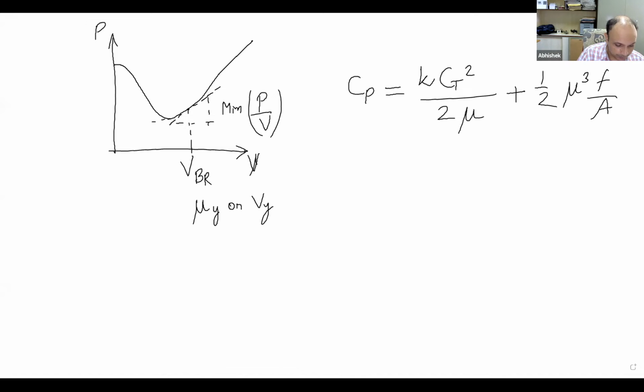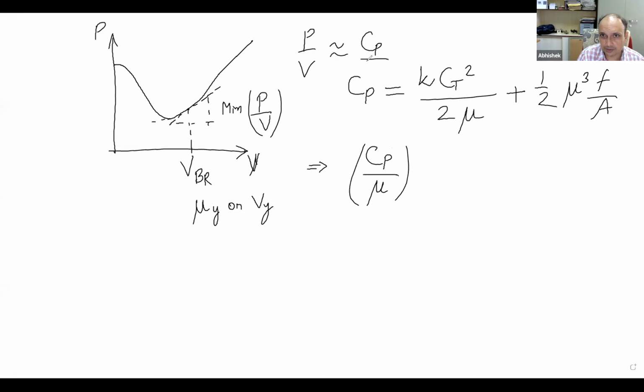So now our goal is to minimize P by V. So what I do, I rewrite this as Cp by mu, because that is going to be same as P by V. So P by V will also be same as the ratio Cp by mu.